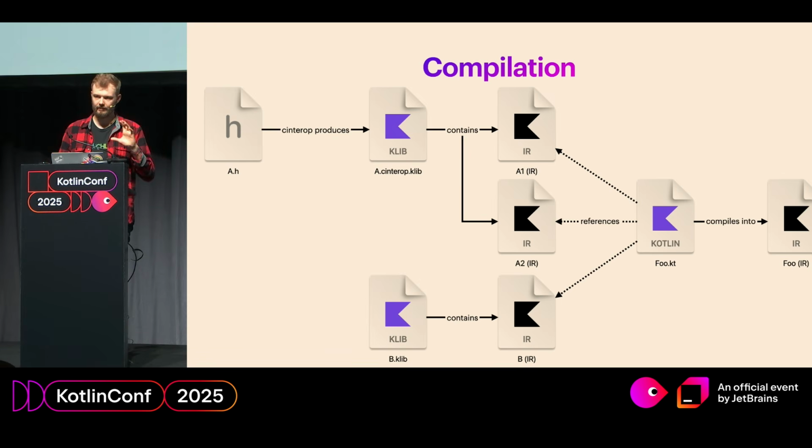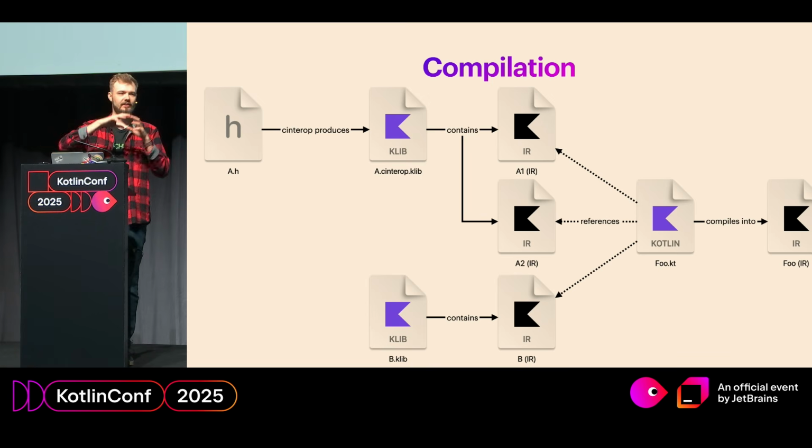From those two klibs, we get what's inside. It's no longer .class, it's IR. It's Kotlin Intermediate Representation. If you ever build a Kotlin compiler plugin, you know what IR is, and you don't like it. So then we have our Kotlin source file, and it basically references that IR, right?